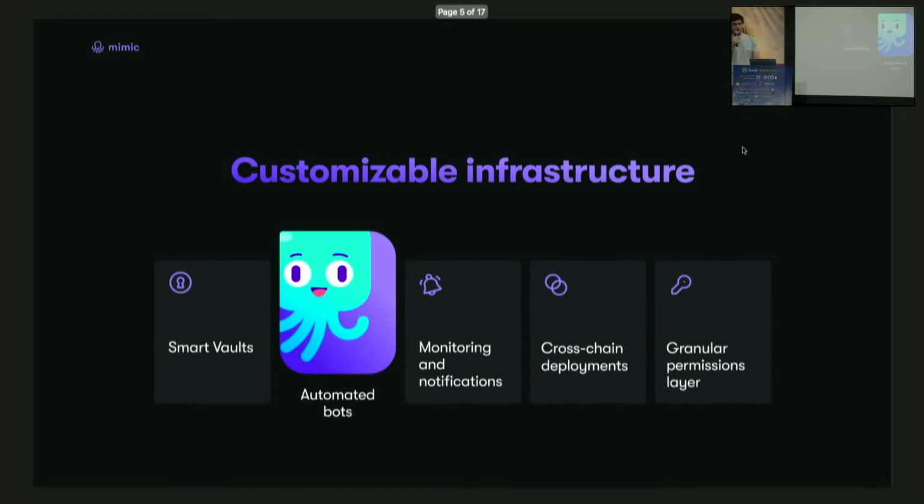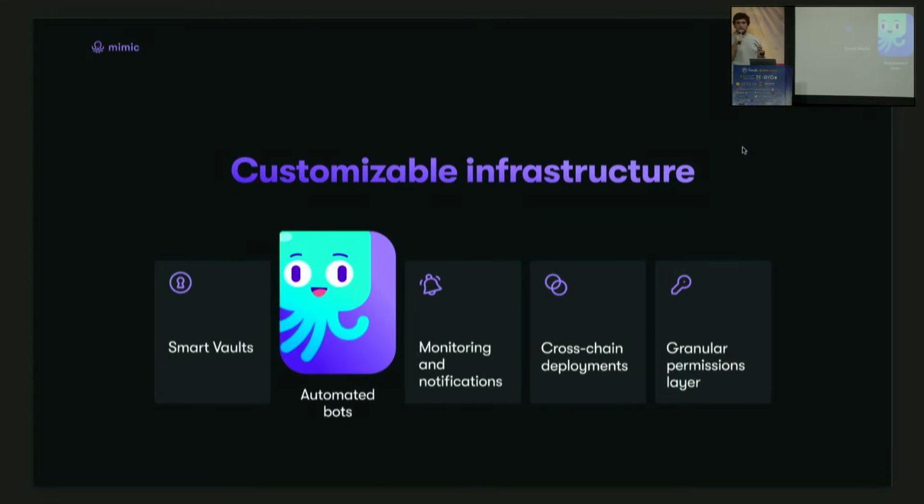So this is something that we've been thinking a lot about, and we came up with a set of customizable infrastructure to help projects build their own operations and run them in a decentralized way. This infrastructure is a set of different pieces that we built for Mimic. The core one is our smart vaults, which I'm going to talk about in a minute.